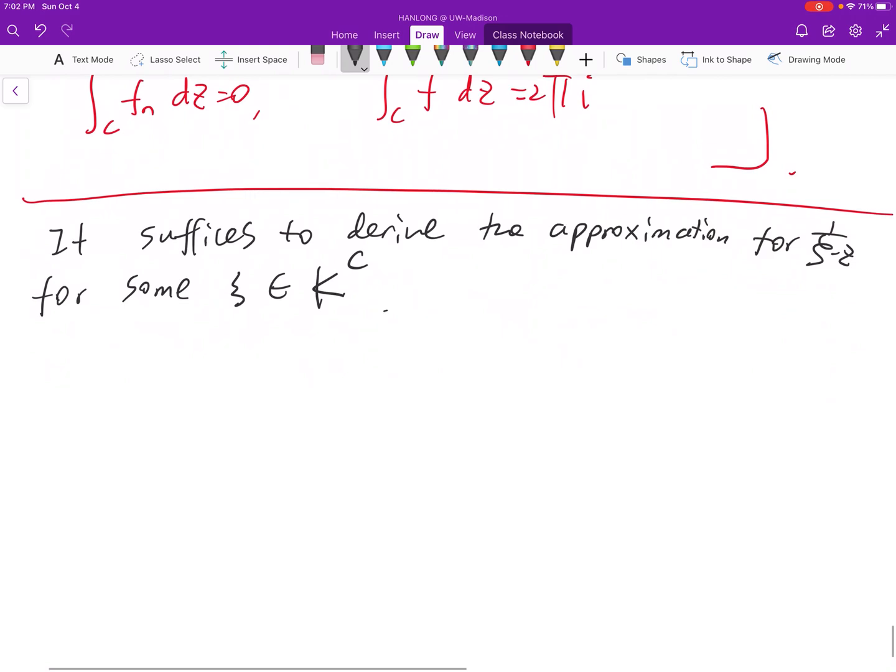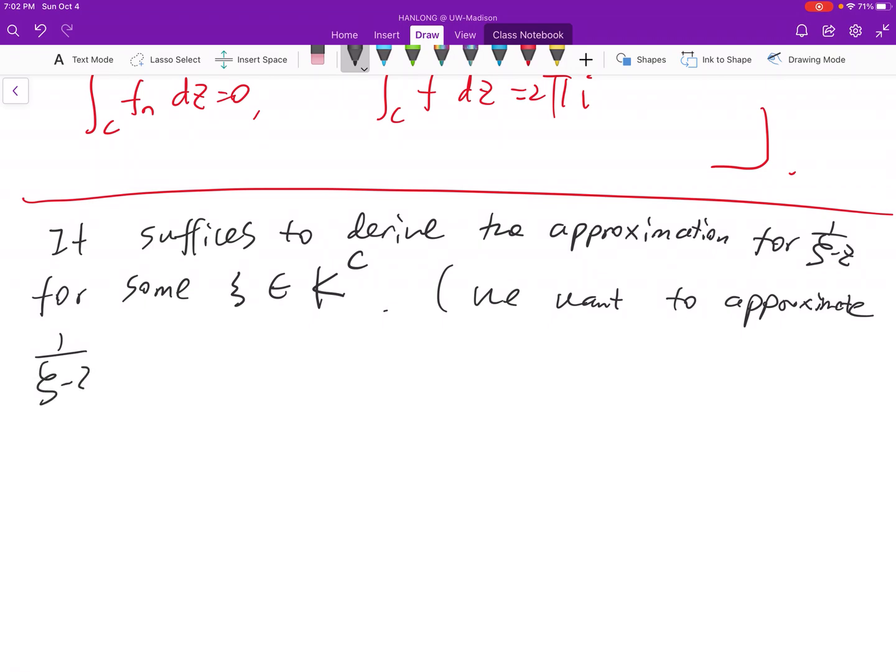So the general setting is we want to approximate 1 over c minus z on K by polynomials.